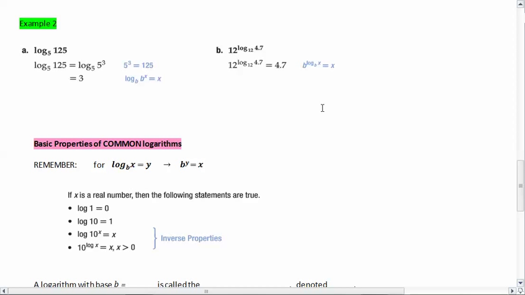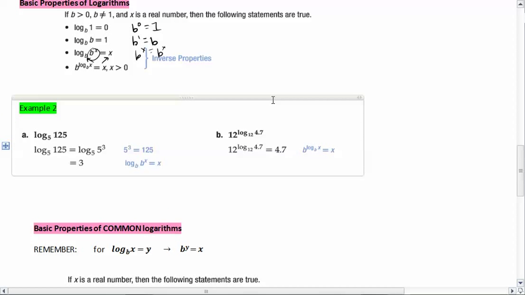How about 12 raised to log base 12 of 4.7? This one's a little more confusing, right? But we have this last one right here. If you have b raised to the log base b of x, that equals x. Does that make sense to everyone, I hope?